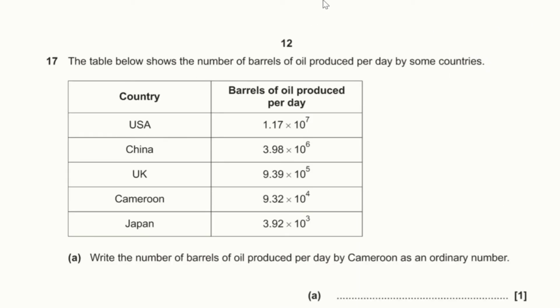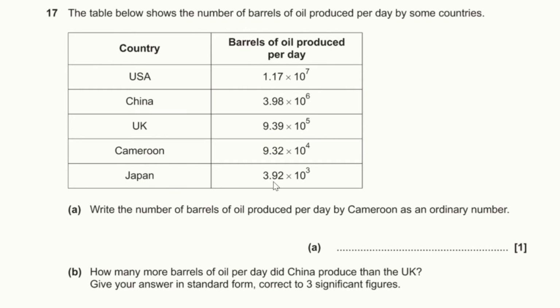Question number 17. The table shows the number of barrels of oil produced per day by some countries. For part A, we have to write down the number of barrels of oil produced by Cameroon as an ordinary number. What we need to do is write 9.32 times 10 to the power of 4 as an ordinary number.